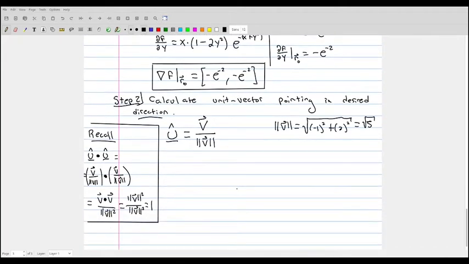So the unit vector that points in this direction is equal to 1 over the square root of 5 times the vector negative 1, 2. Or u hat is equal to the vector with x component negative 1 over the square root of 5, and y component 2 over the square root of 5.